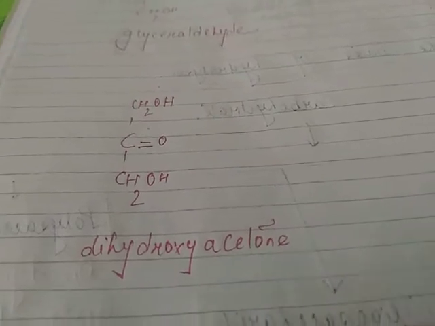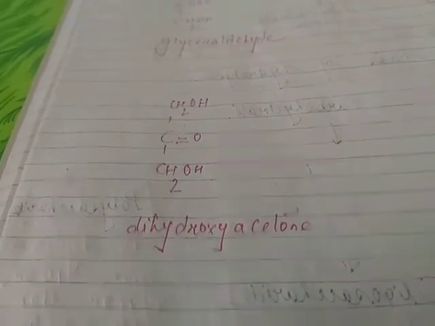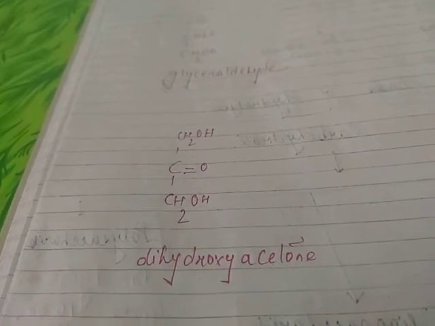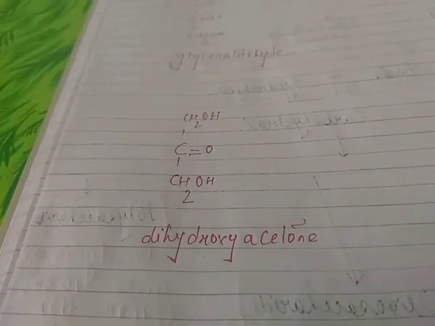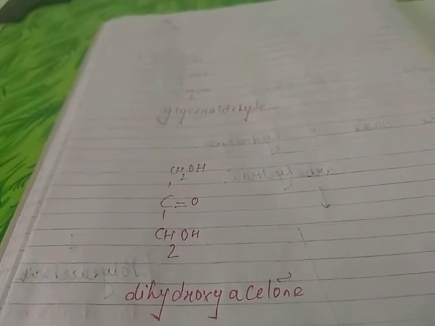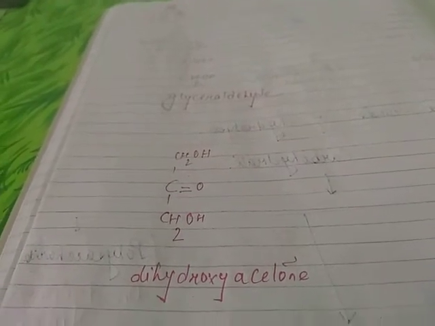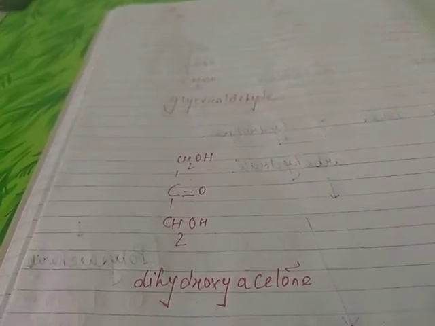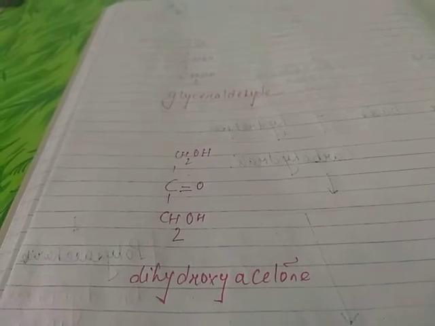If 4 carbons are there with an aldehyde, it will be aldotetrose. 5 carbons with keto, it will be ketopentose, and so on. So that's all about the classification. In the next day, most probably in the live class, we will be completing the structure of glucose. Thank you.